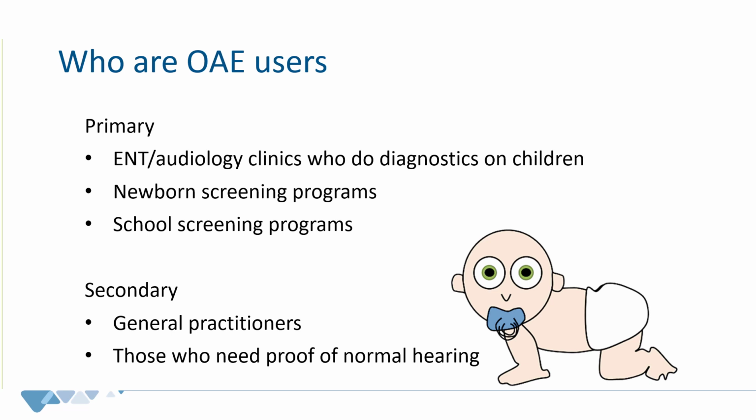So I made another slide to emphasize who could be the customers. Here I put school screening programs in, because we see a trend that hearing screening in schools is getting more popular in some countries, and the tools they are using are not just the screening audiogram, but also OAEs, sometimes also tympanometry.